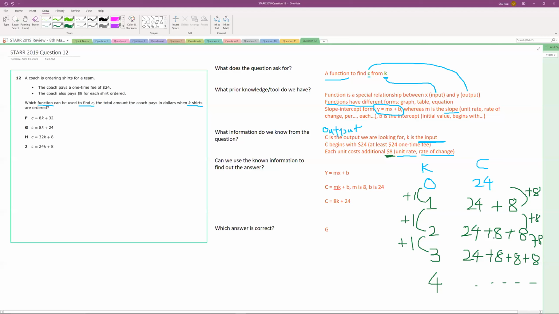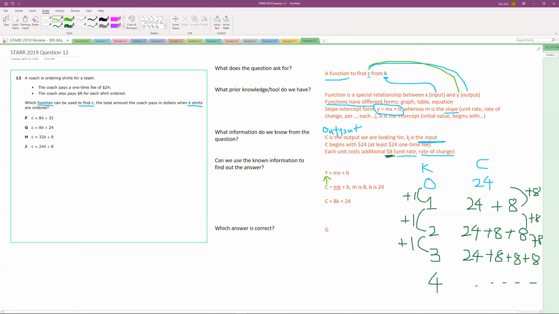Okay, once we understand this, it's going to be quite easy for us to find out the answer. So let's write down this slope-intercept form, y equals mx plus b. As we just said, C is the output, C is the y. So we are going to use C to substitute y.